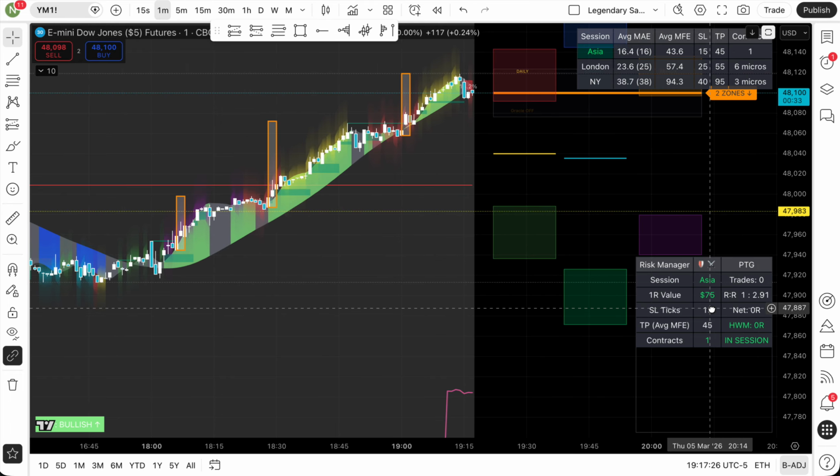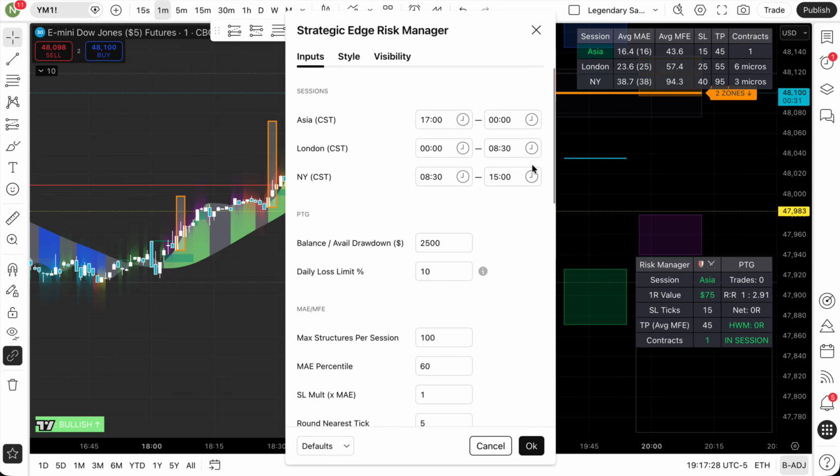It's going to tell us when we double click on it, this is set to Central Standard Time because the indexes are CME futures. They're based out of Chicago. So it defaults to their time zone in TradingView.